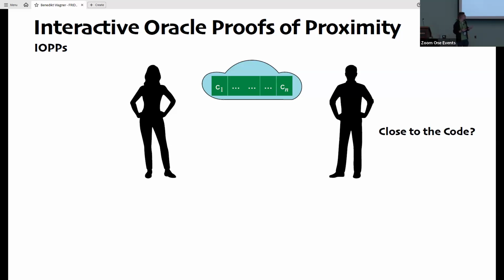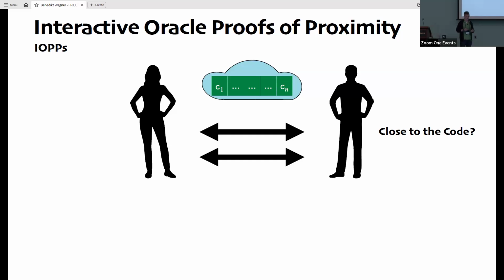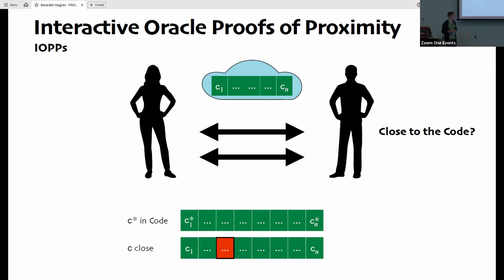And Alice wants to convince him that it is close to the code, so they interact in some protocol. And afterwards, Bob can be convinced that this is close to the code. What does it mean to be close to the code? It means there's at least one code word C star, such that C star and C differ by, say, at most, in this example, one position, but in some upper bounded number of positions.